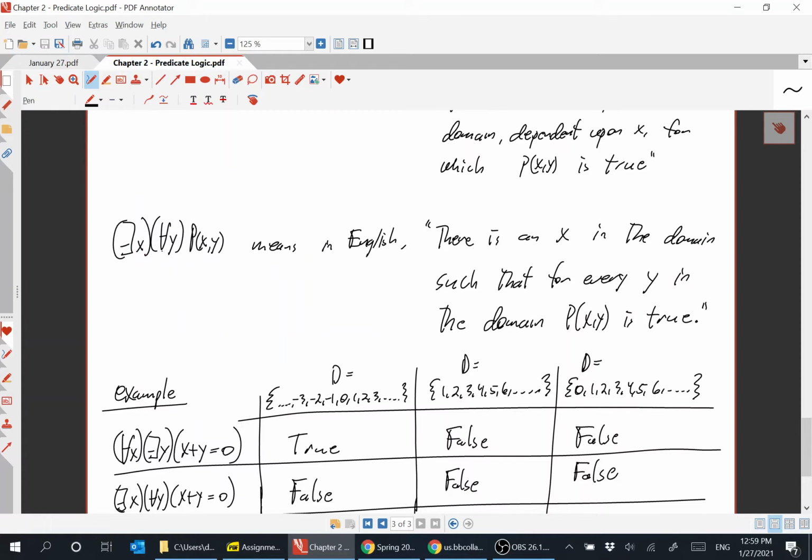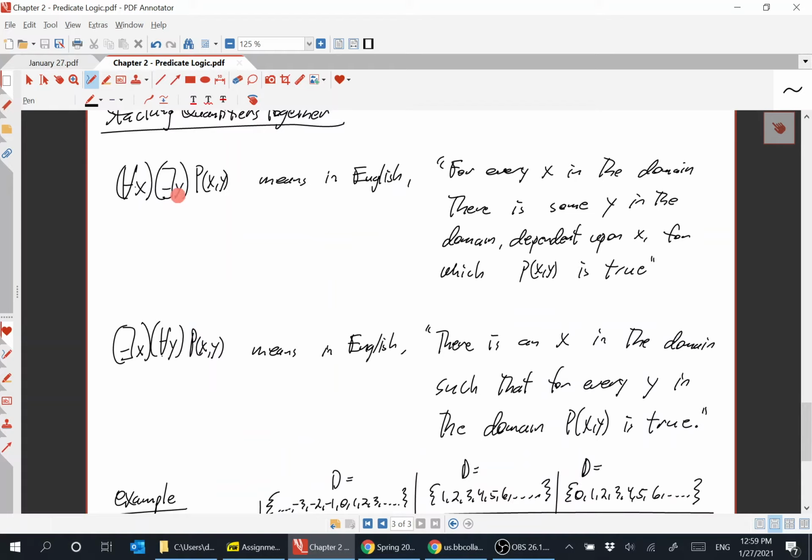There exists x for all y, Pxy means there is one particular x in the domain, and that x for every y satisfies Pxy. So this x works universally for every y. Here, this y depends on which x you're talking about.